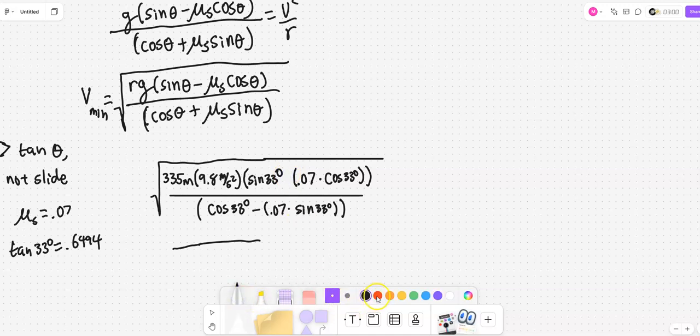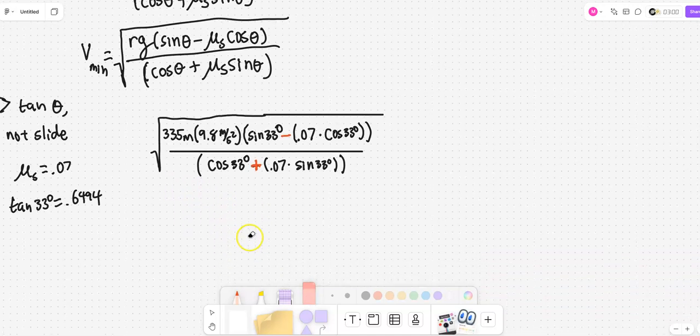I want to replace these with red, and you can see what I'm talking about. So this should be negative, and before in the denominator we had a negative value, but now it's going to be positive. So all we had to do is rewrite that and change some signs.